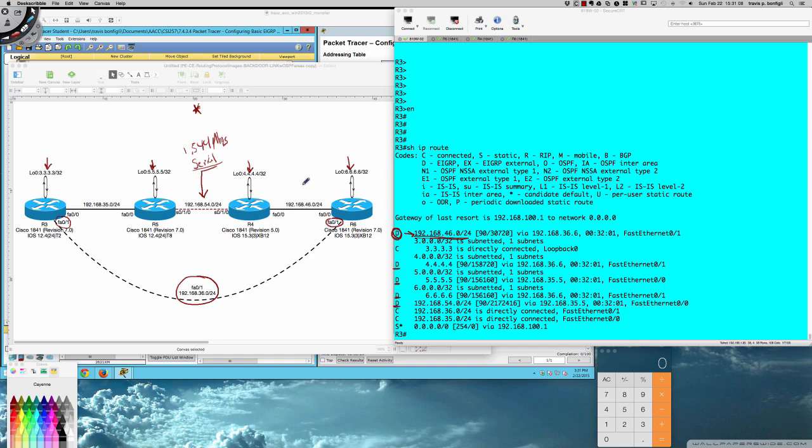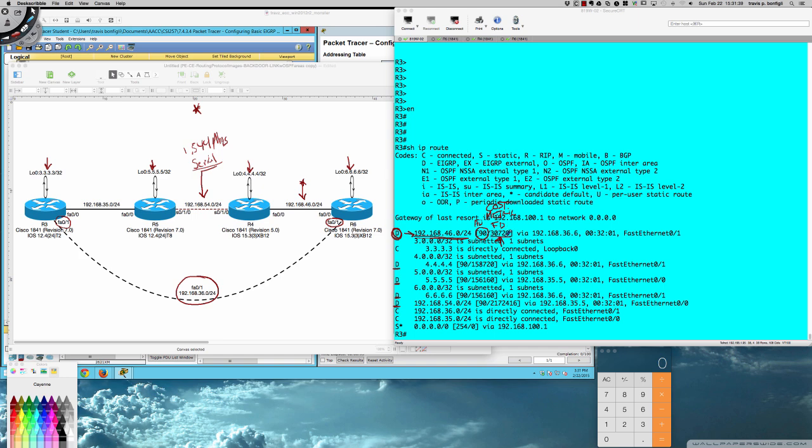So this is between 4 and 6. So here's the network that we're looking at on the right-hand side in the show IP route output. We see the administrative distance is 90, right? And then what is this right next to the 90? Remember that that is going to be the feasible distance. In other words, this is the metric, and in OSPF terms, you could think of it as the cost, right?